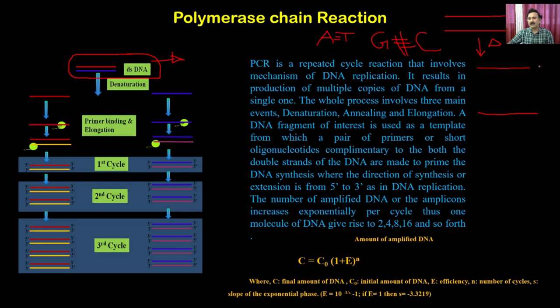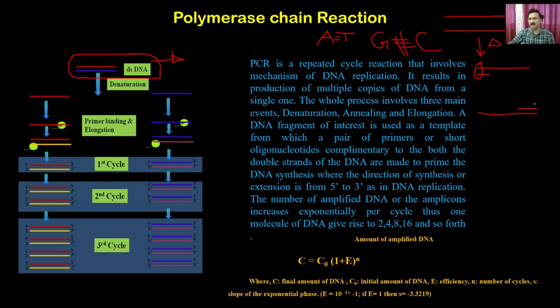Once these two form single stranded DNA, you can allow the primer binding. So you can add the primer, and the primer will bind onto this strand as well as onto this strand, and then you ask the enzyme to sit onto this particular template.